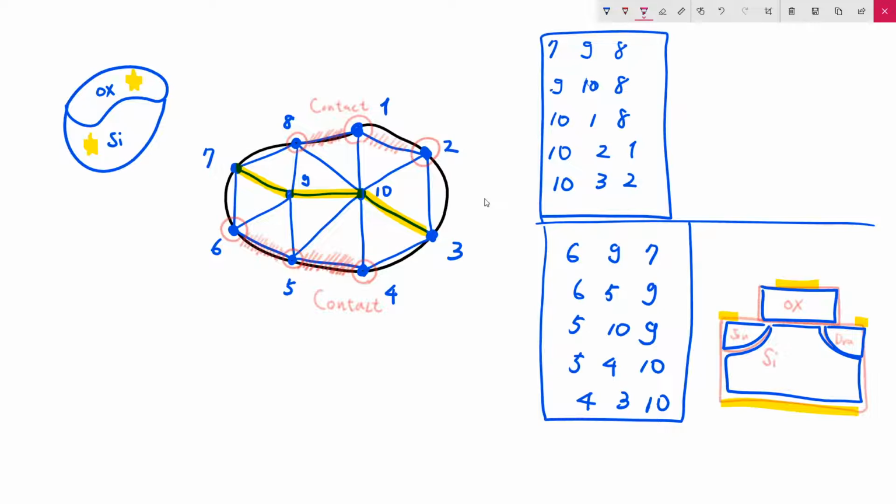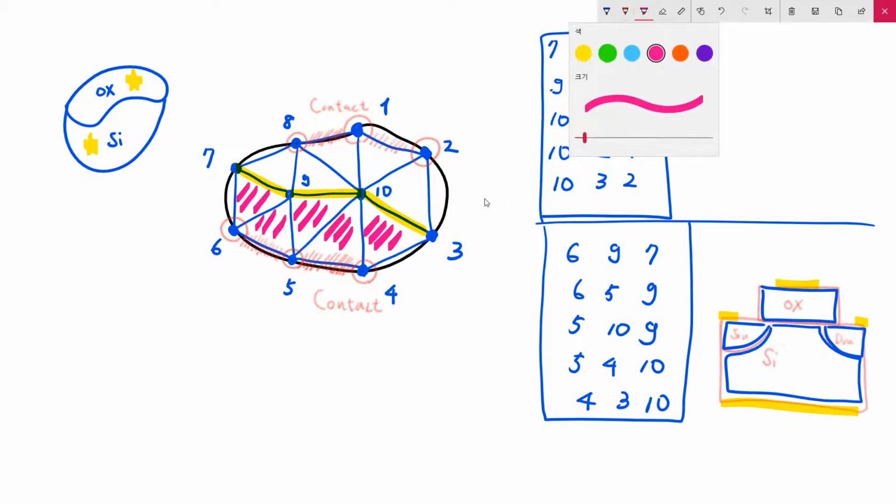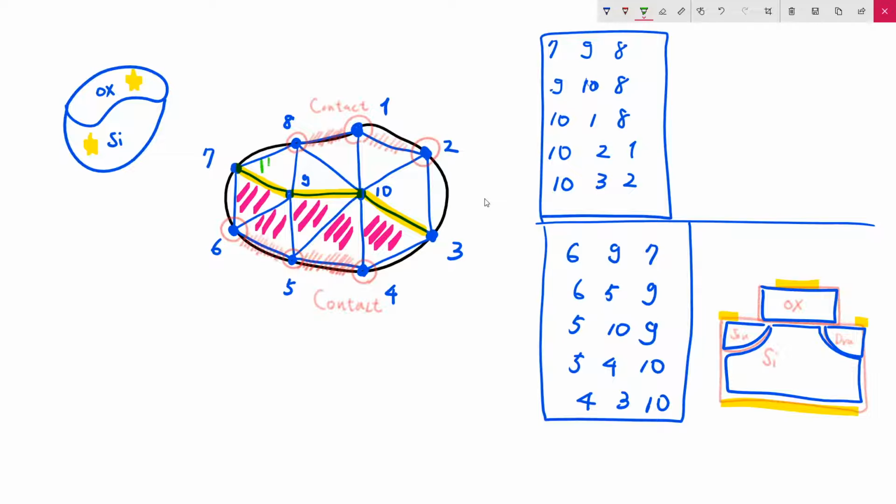Now by specifying these elements, we say that okay, this and this and this and this belong to region 1, and by specifying another region, now we understand this one, this one, this one, this one now belongs to the second region. This is quite good.